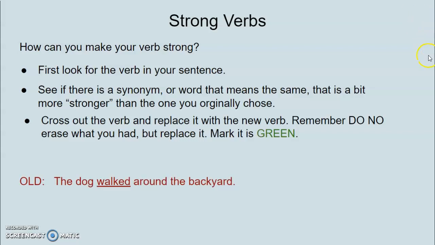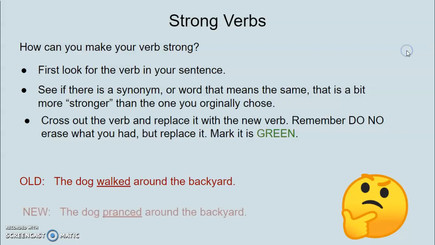So here is an old sentence that I wrote. The dog walked around the backyard. So I identified my verb as walked. Not that exciting. So let's see if I can make it better. The new dog pranced around the backyard.